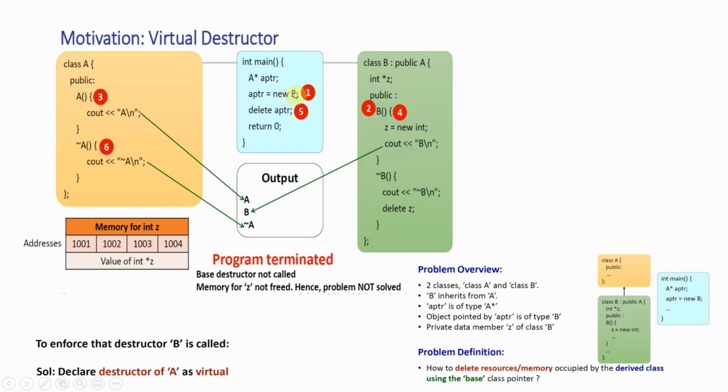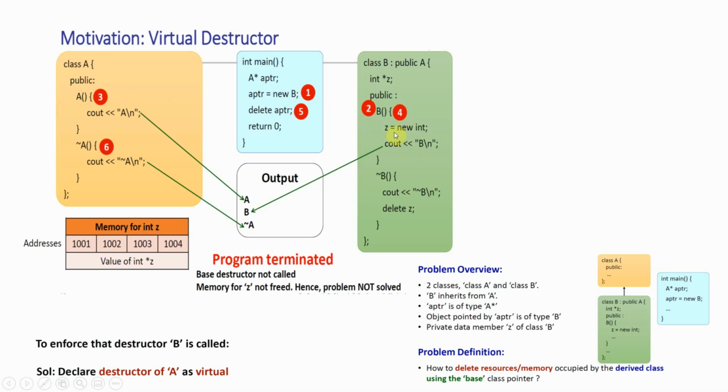Now this new object, star aptr, is going to call the constructor. It's going to go to the constructor of the derived class, but before it enters, it's going to call the constructor of the base class. So it's going to print A. That's what we see here. Once this is done, we can enter the constructor of the derived class.